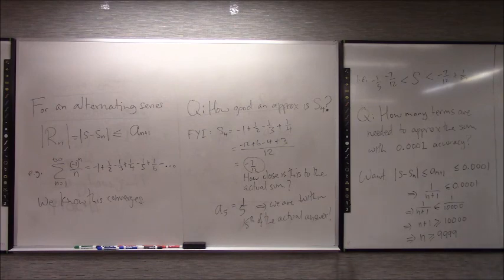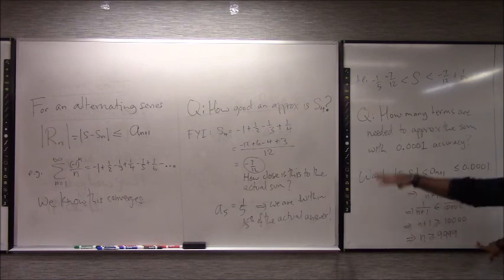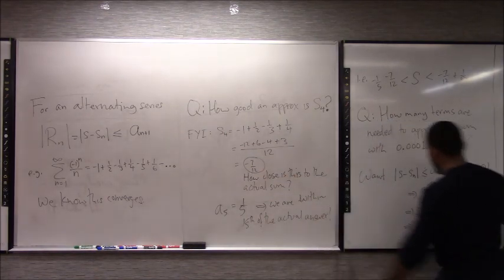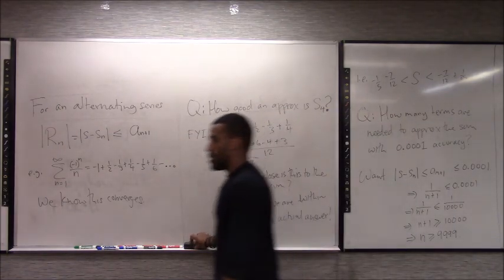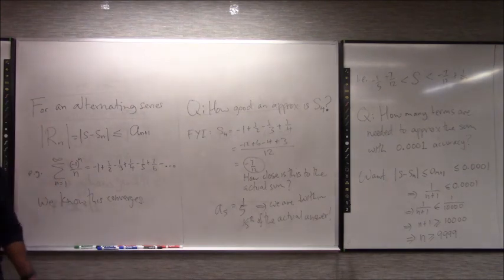Instead of adding up an infinite number of terms, I can just have a computer add up 10,000 of them. I don't know what number it's actually going to give us, but I know when it gets to that point in the series, I will have 4 decimal place accuracy.